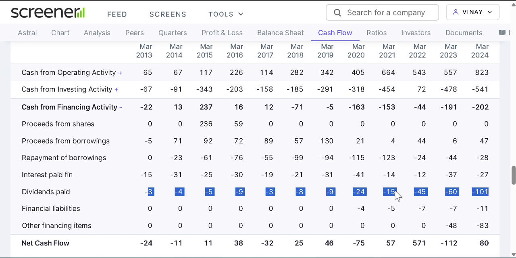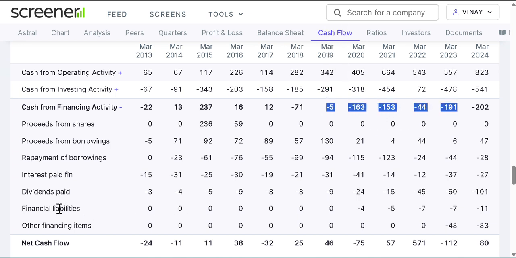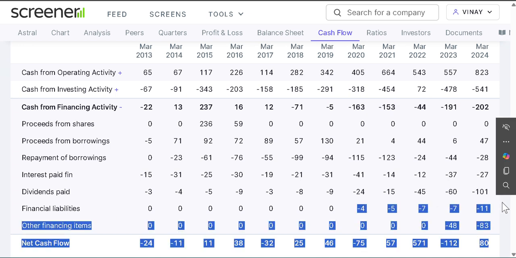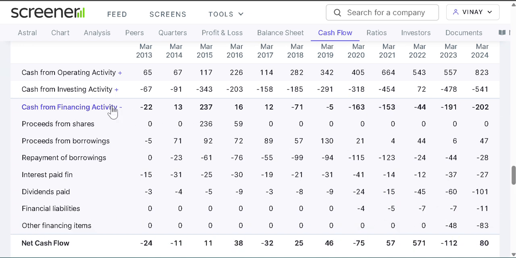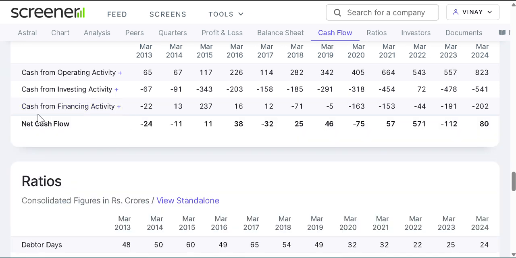So dividend paid, interest paid, and borrowing repayment are the major chunk of the cash from financing activities, and that is why the overall figure comes as a minus. Then some liabilities paid off and other financing items. So this is how the cash from financing activities should be negative.